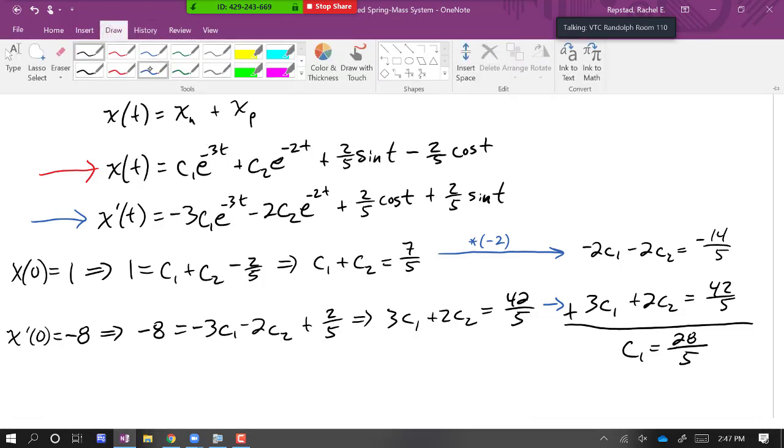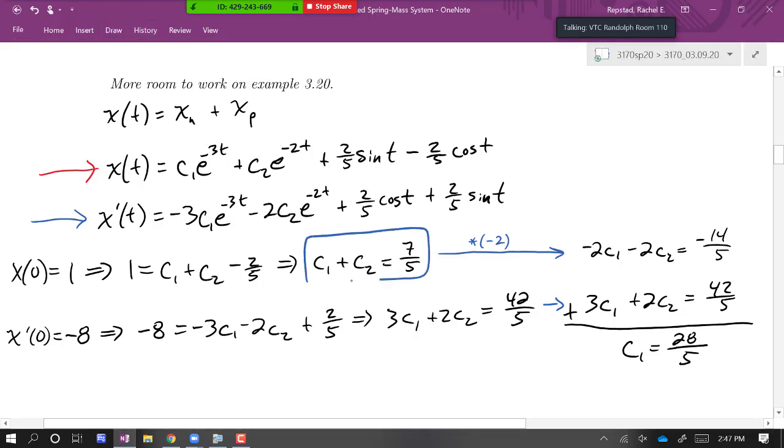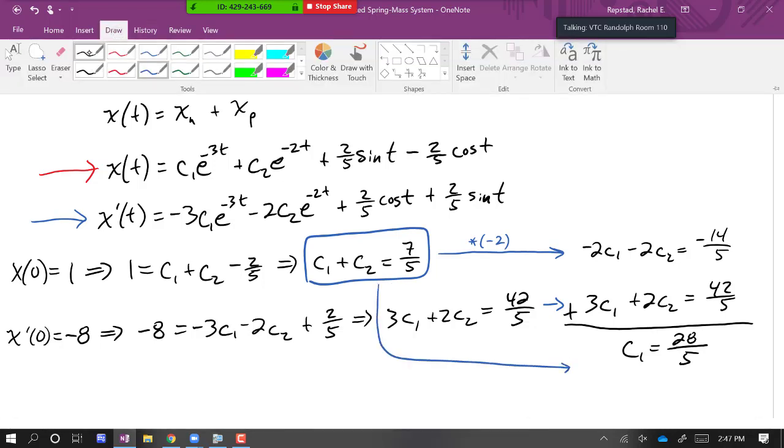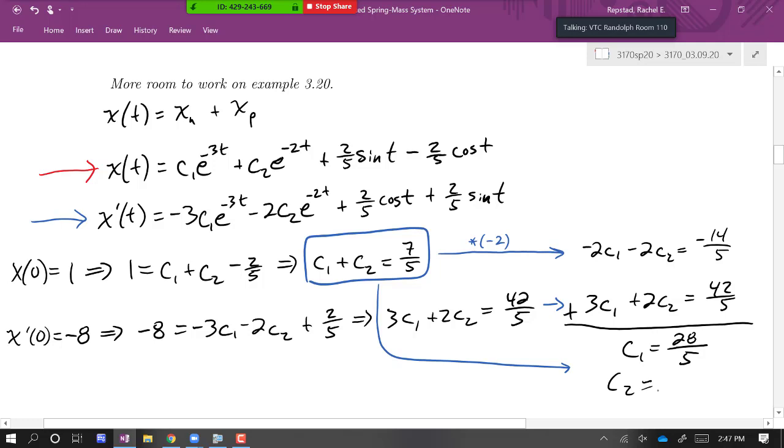And then I think I would use this equation here, just seems easiest to find C2. So C2 will be 7/5 minus 28/5, which is negative 21/5.